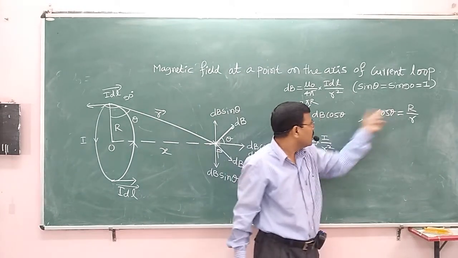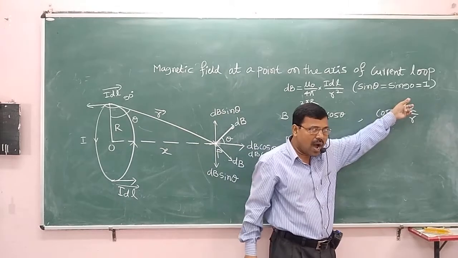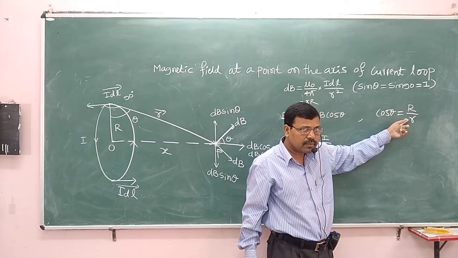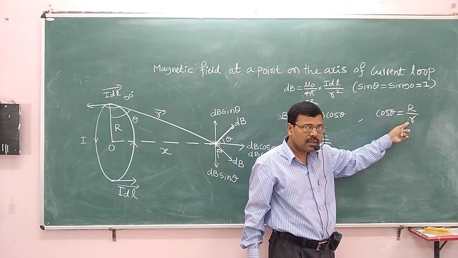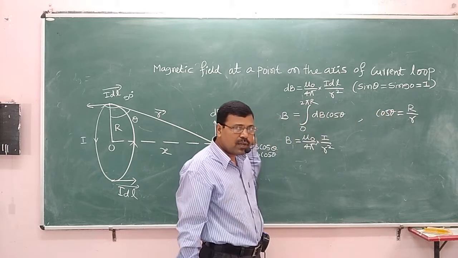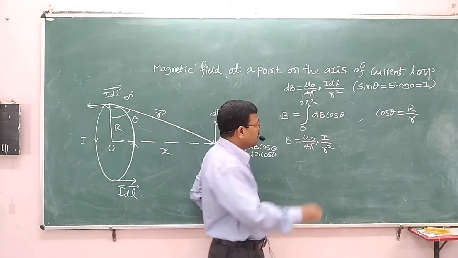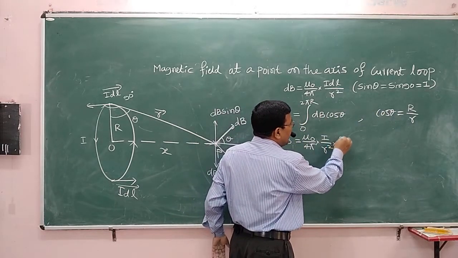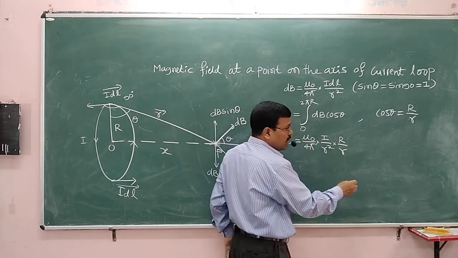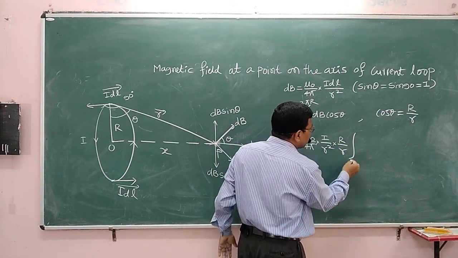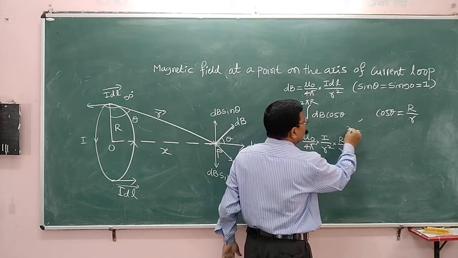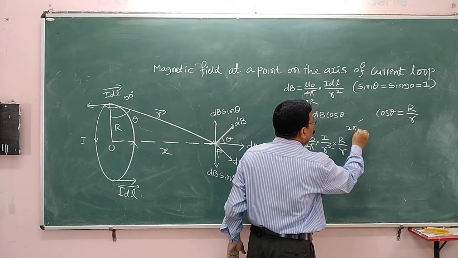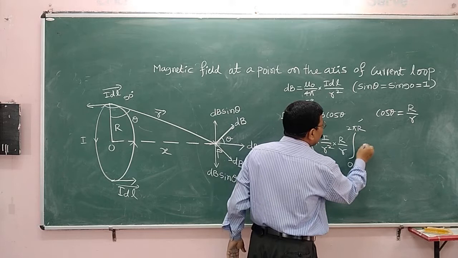And here also, this cos theta means r by R. So that r by R is also constant. I will write it outside. Then what is left out is integration from 0 to 2 pi r of dl.